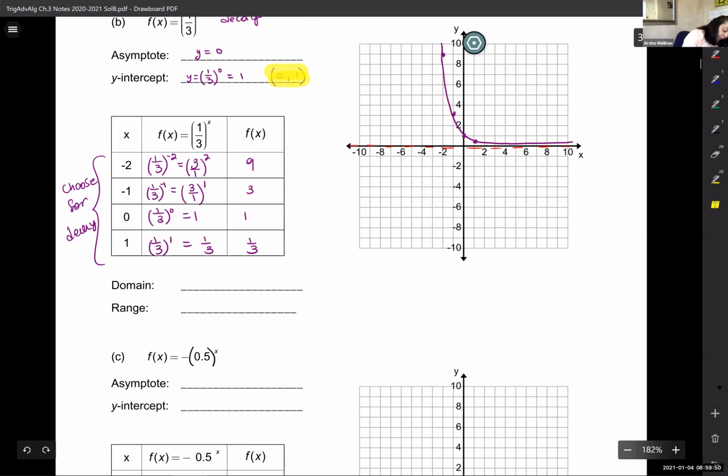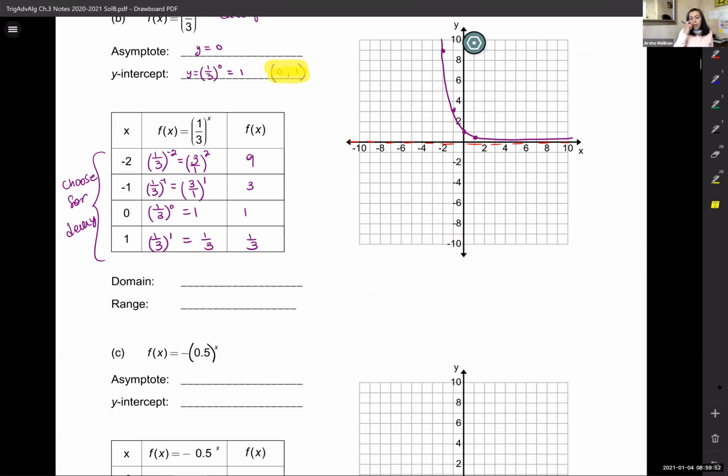Okay, domain is all real numbers. There's a shorthand symbol for all real numbers. You can write out all real numbers, but there's a shorthand symbol. Look at how it looks. There are 2 ways you can do it. One is a double barred R, not just capital R, but it's like a double bar. Okay?